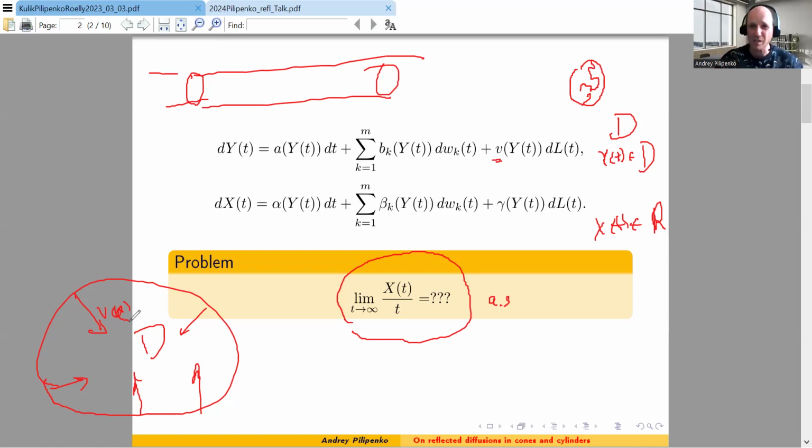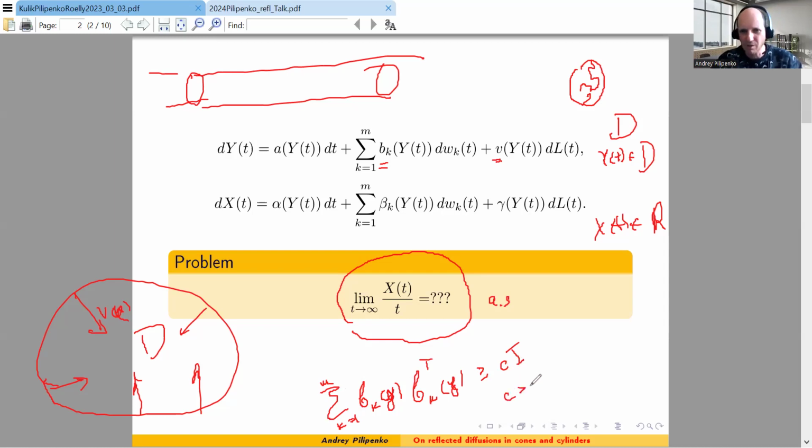And my assumption also is the following. I assume that B is non-degenerate in the following sense: if you take Y and consider the sum and consider this matrix, then this matrix satisfies a uniform ellipticity property.